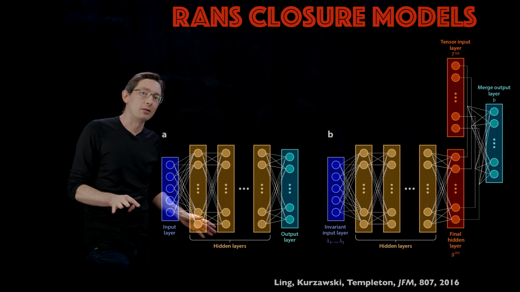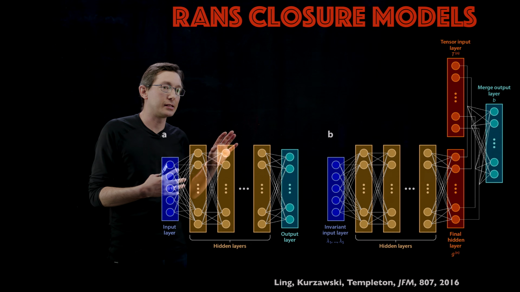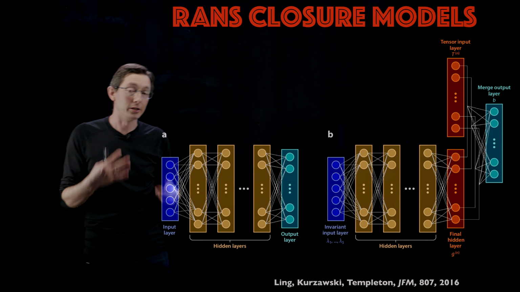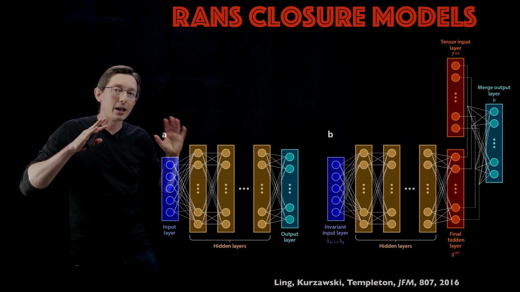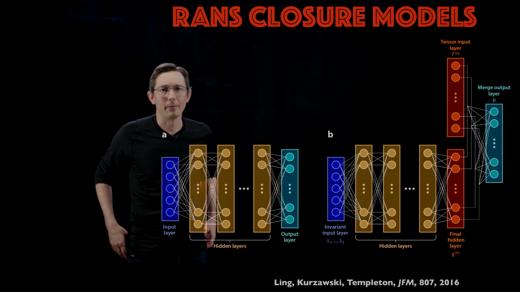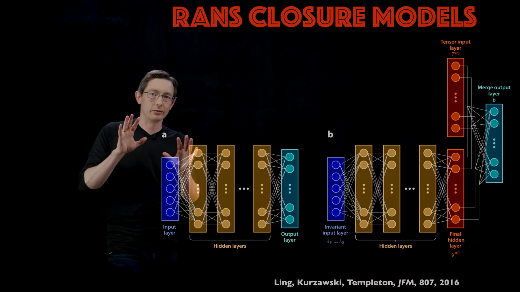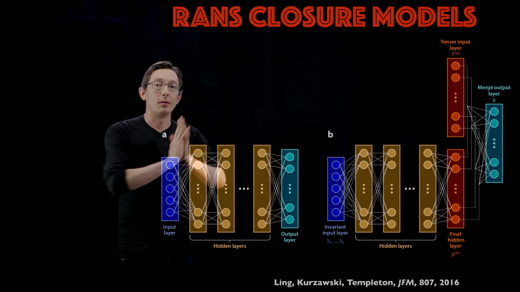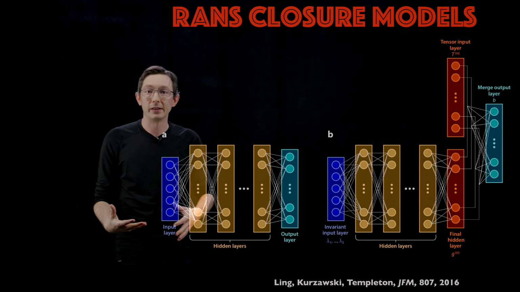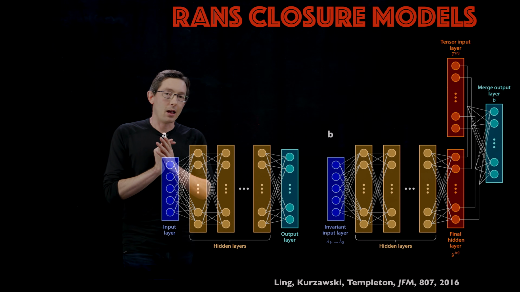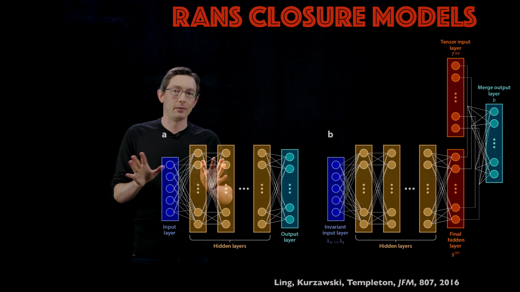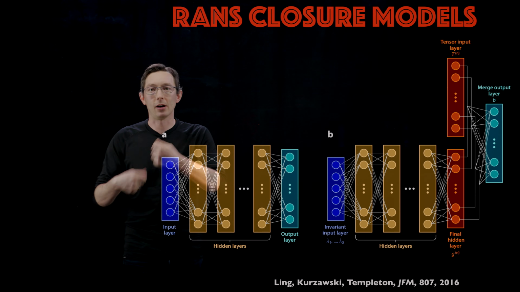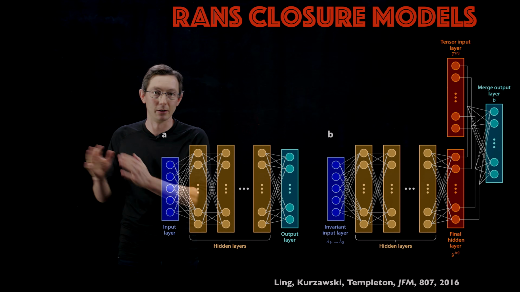And one of my absolute favorite models out there today is this RANS closure model from Ling, Kurzawski, and Templeton in a 2016 JFM paper. And what I like about this paper, and I'm going to wax philosophical for a minute here. Whenever you want to apply machine learning to a problem in fluid mechanics or physical science or engineering, I think there are two approaches. One is to just build a deep neural network, throw in your data, cross-validate, get some results, and write a paper.